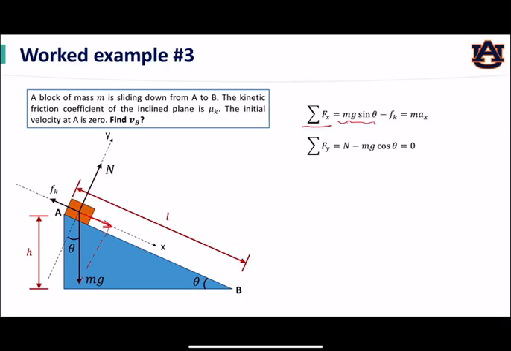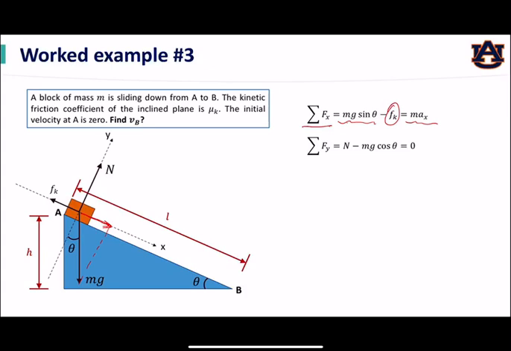Its magnitude is mg sine theta. And we have the kinetic friction, f_k, along the negative x direction. That is the total force along the x direction, which gives rise to ma_x.